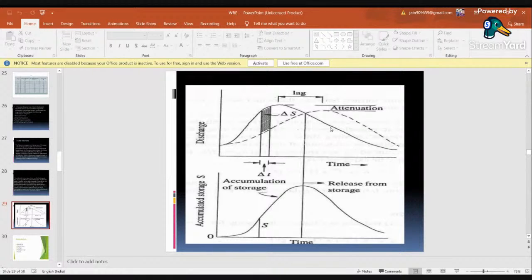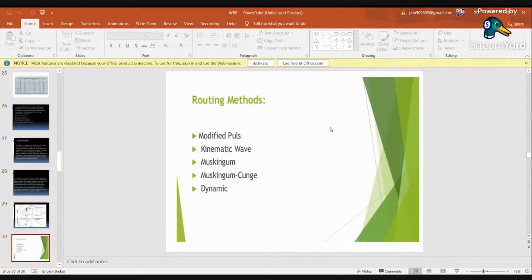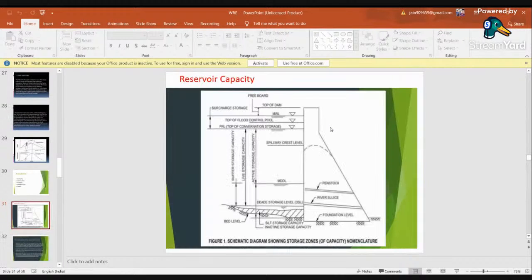By using these methods, we can drop down the peak of the given hydrograph. These are the methods of flood routing.